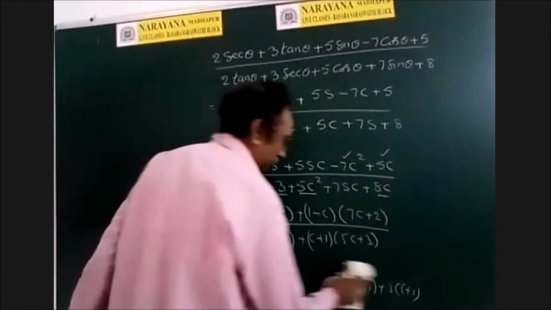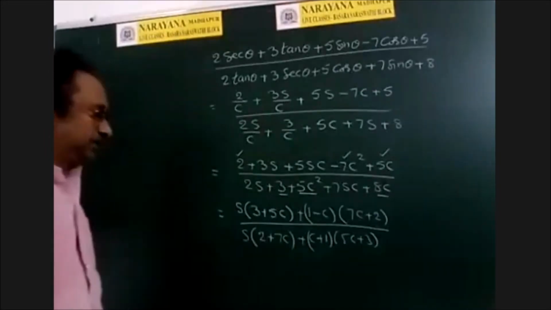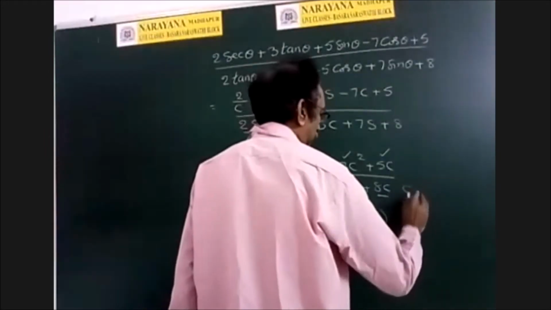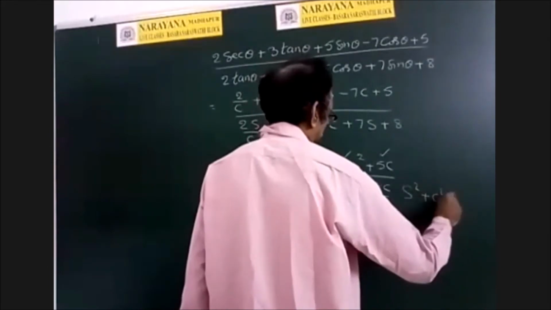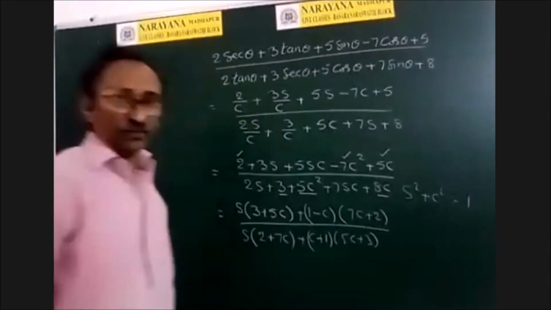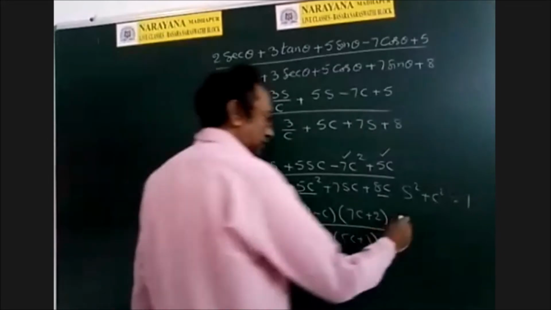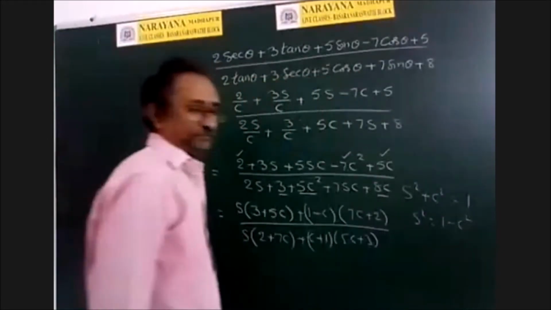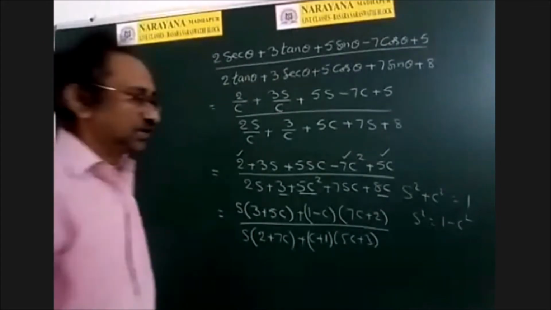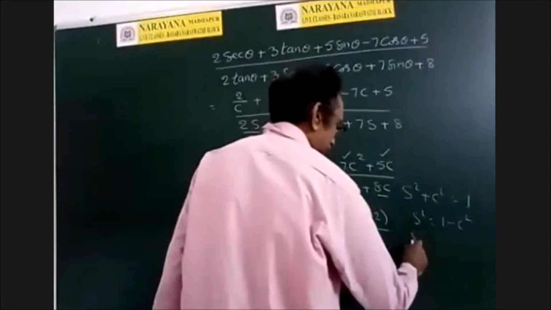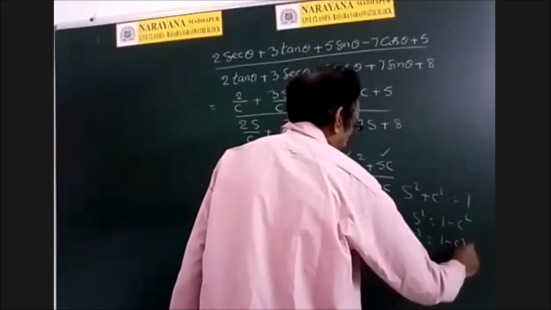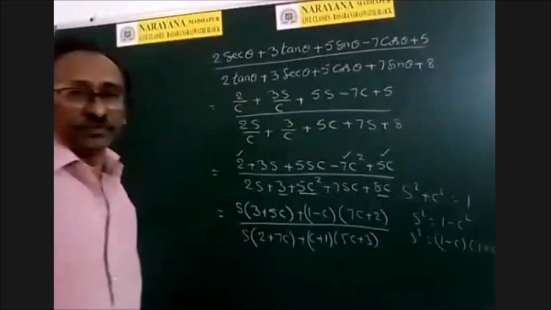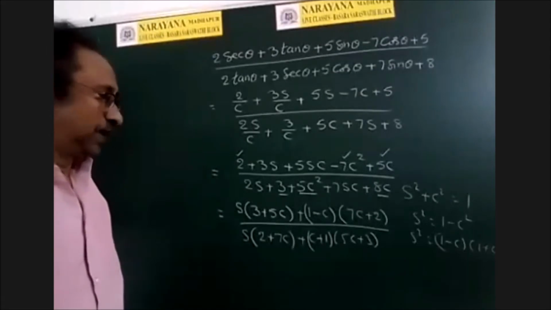Right? And now what will be the next step? There is a standard formula in trigonometry, you know that sin square c plus cos square c is equal to 1. And therefore, sin square c is equal to 1 minus cos square c, which is 1 minus cos into 1 plus cos.